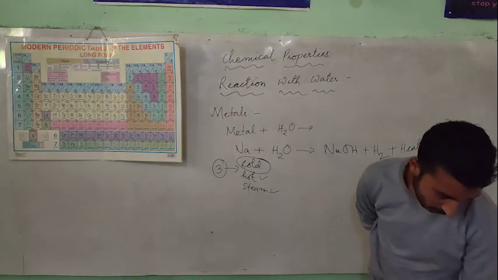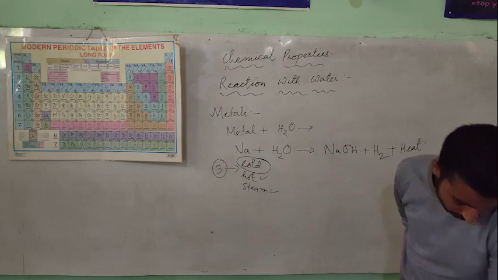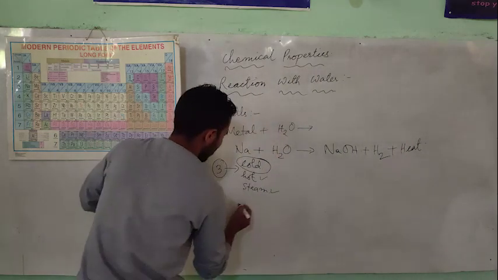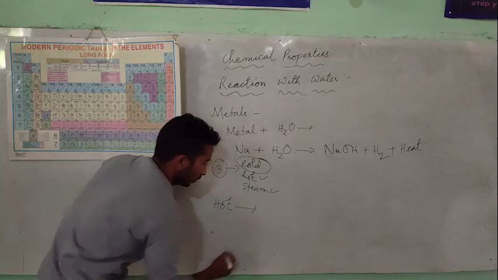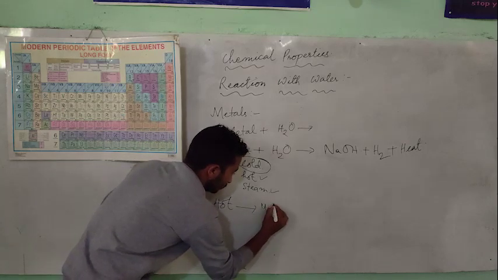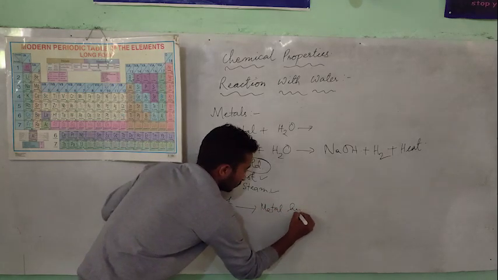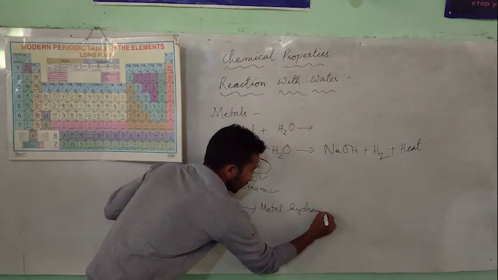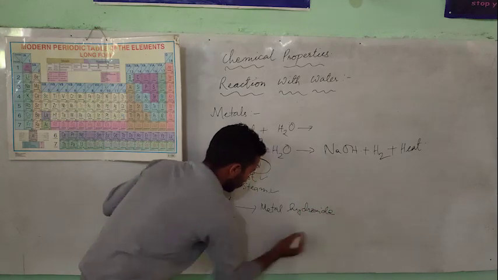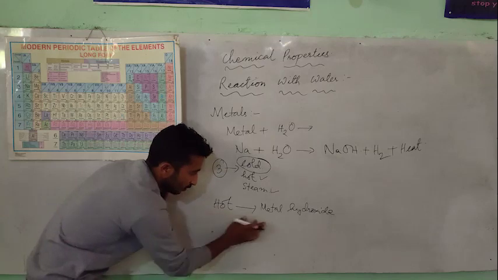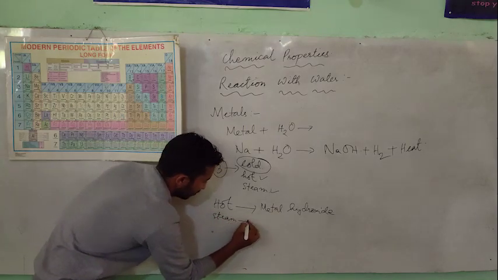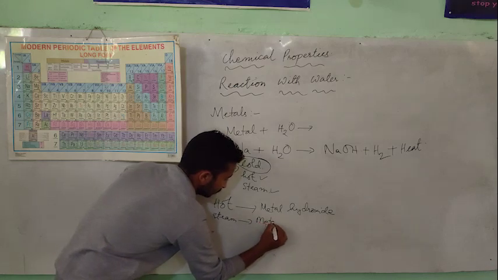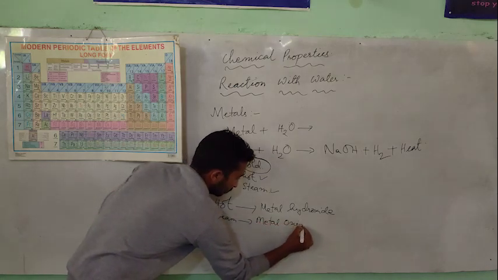So when metals react with hot water, they form metal hydroxide. When metals react with steam, they form metal oxide.